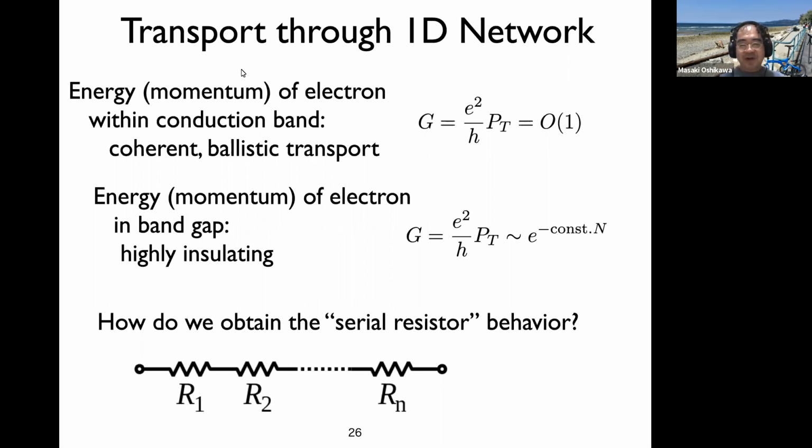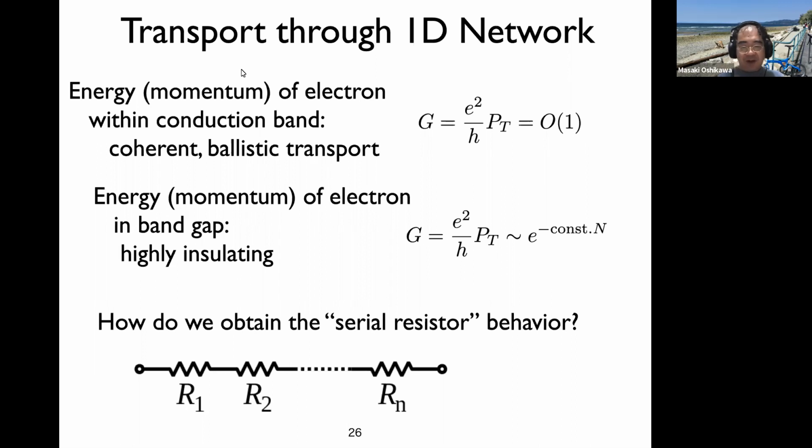But this is different from what we normally expect as the property of a material or at macroscopic scale. So for macroscopic objects, the resistance should be proportional to the length, but quantum mechanics does not produce this kind of behavior, at least in this simple network model.